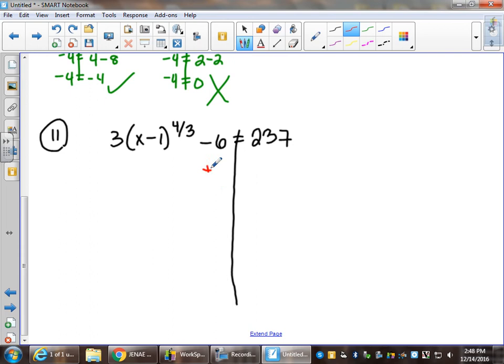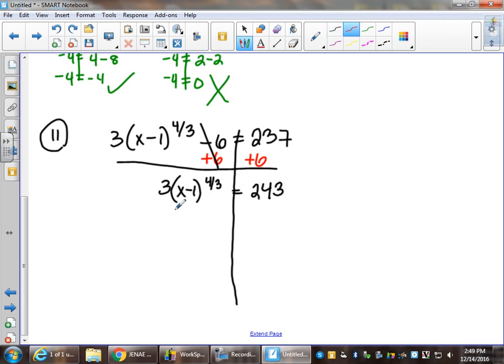I'm going to add 6 to both sides. I get 3 times x minus 1 to the 4/3 equals 237 plus 6, 243.